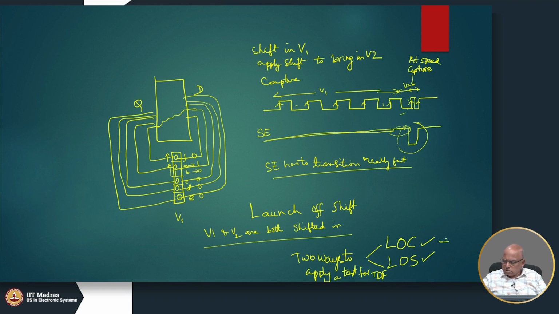So in launch of capture, scan enable need not be super fast, whereas in launch of shift scan enable must be very fast, super fast. So at least this much you should remember about transition delay faults.